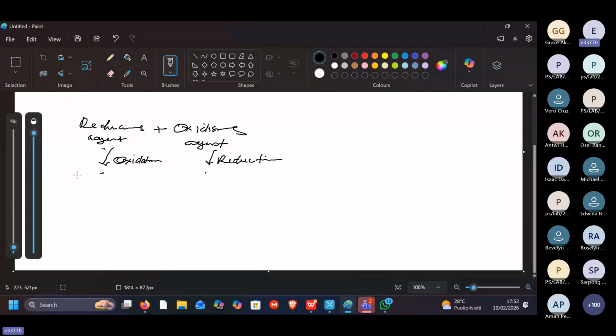That app is causing oxidation to happen, so the app becomes an oxidizing agent. In other words, the app is taking your electrons, so the app itself is going through reduction. It is taking the electrons, but it is causing your battery to lose the electrons. Is it making sense? Yes, sir.